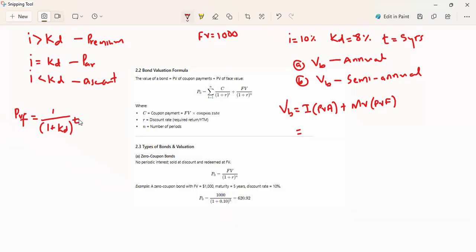So what is our KD? Our KD is 8%. So 1.08 to the power what? To the power 5. What do we get?